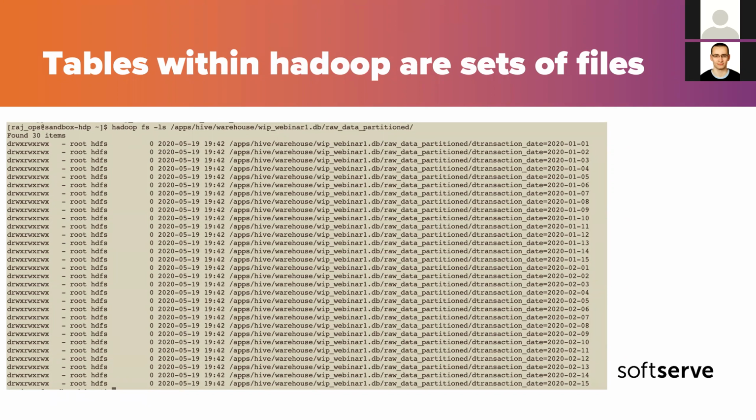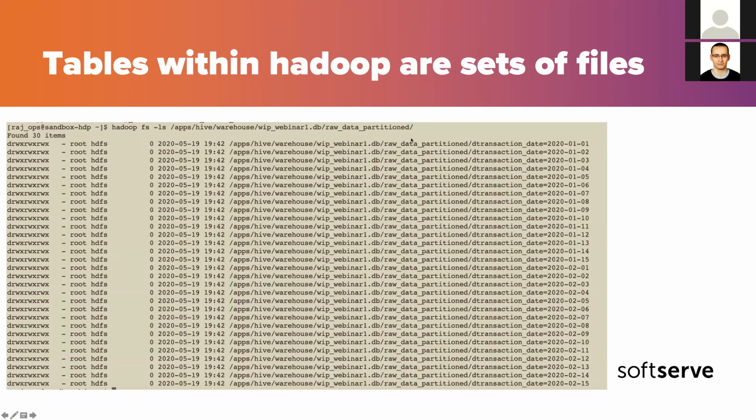There is a metastore that contains all the information about these files. So it can keep some statistics. It keeps the information about the format of the file, because we can have multiple formats that we'll talk about in a second. And then if you look at the structure of the folders, within the path we have a location of the database, which is named in our case VIP_webinar DB.